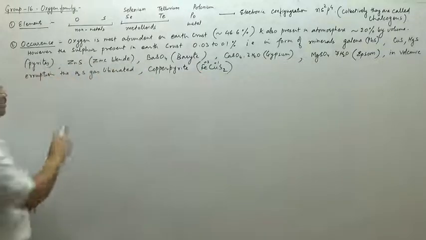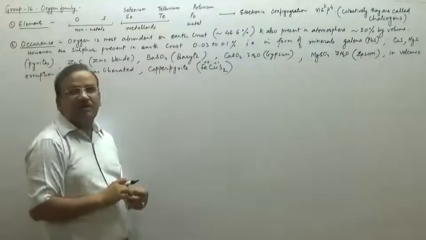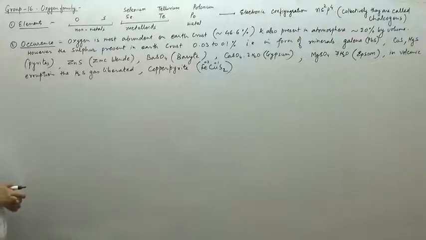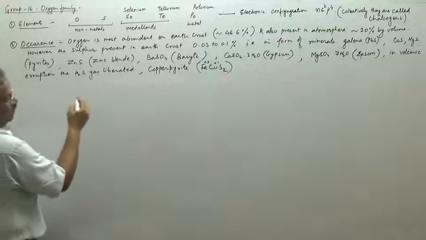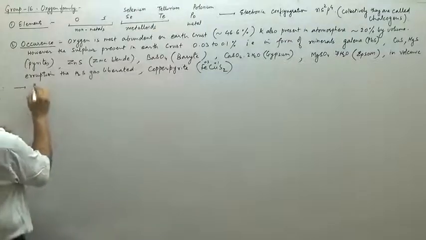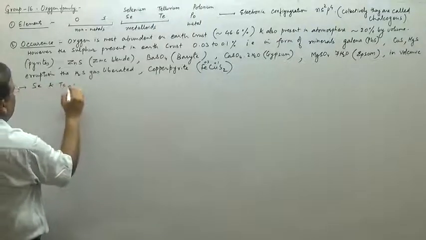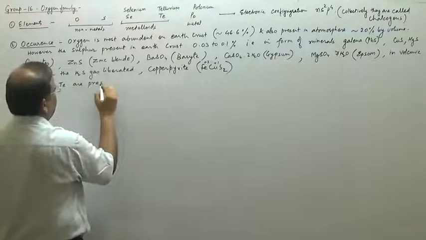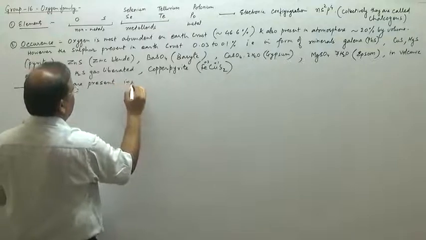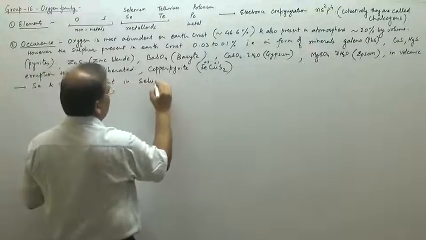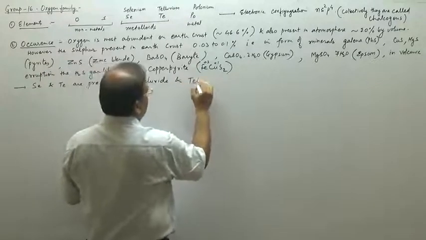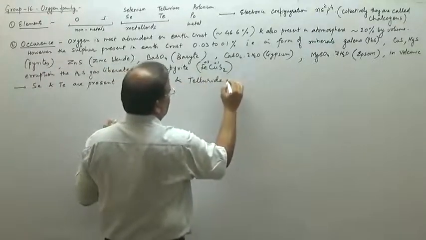So that is how we can write the occurrence of sulfur and other elements, selenium and tellurium. We say that they are present as selenides and tellurides, in sulfide ores.